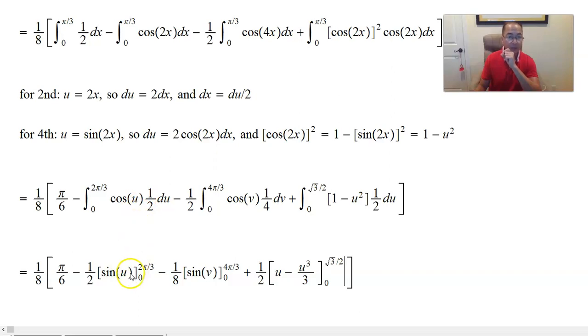Sine of u from 0 to 2 pi over 3. Take the 1/4 out, we have 1/8. Now we have sine of v from 0 to pi over 3. Take the 1/2 out, integrate, 1 becomes u, minus u squared becomes minus u cubed over 3, from 0 to radical 3 over 2.